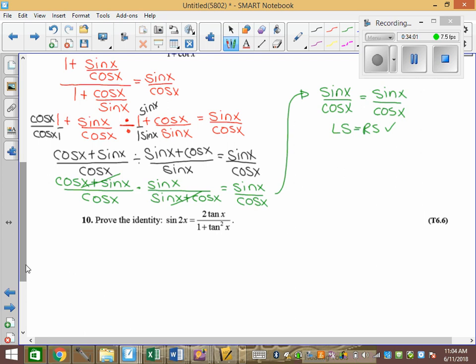The next one, sin 2x should be a red flag. What could you change it to? 2 sin x cos x equals 2 sin x over cos x divided by, what's 1 plus tan squared? The same as secant squared.